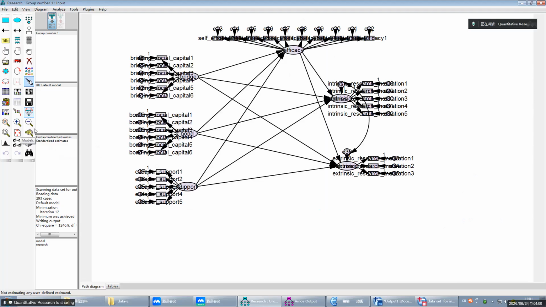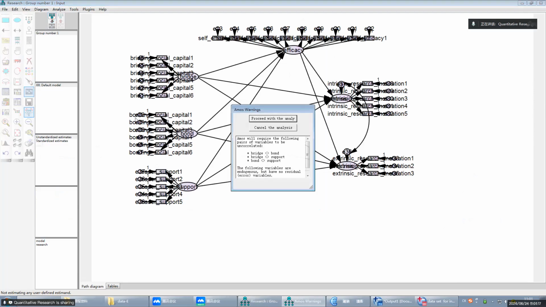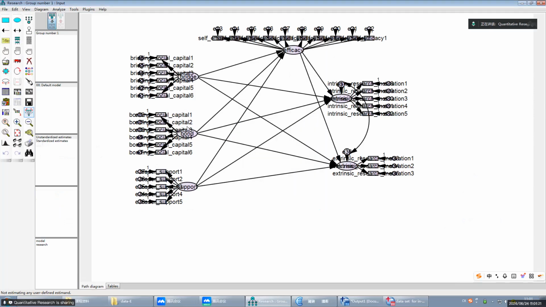Now we can compute again. This data analysis is for this mediation model. I forgot the correlation between the predictors.